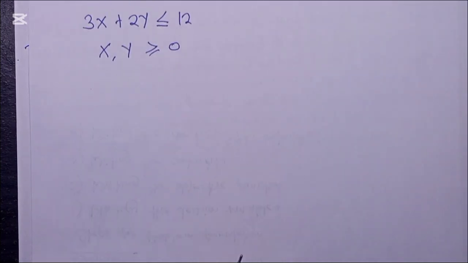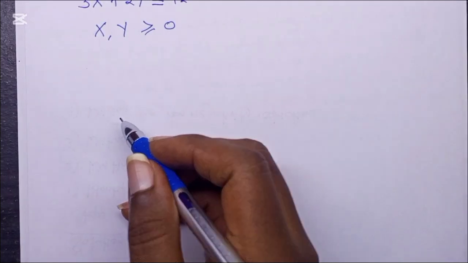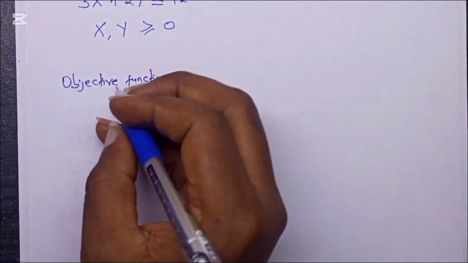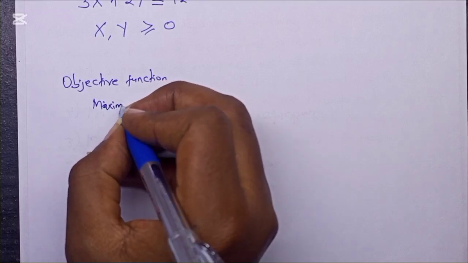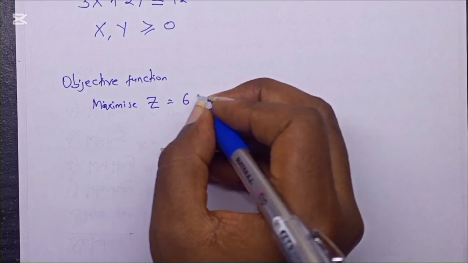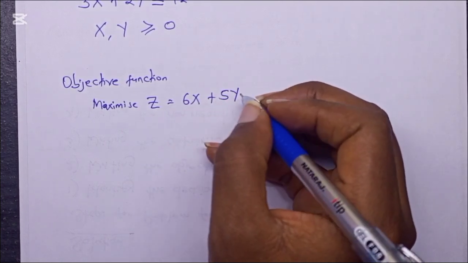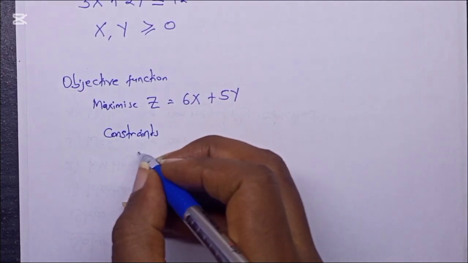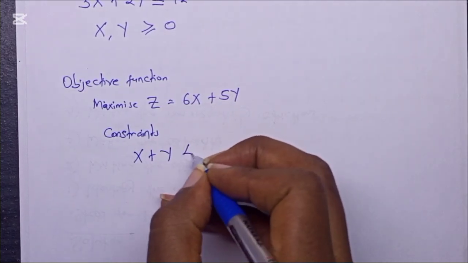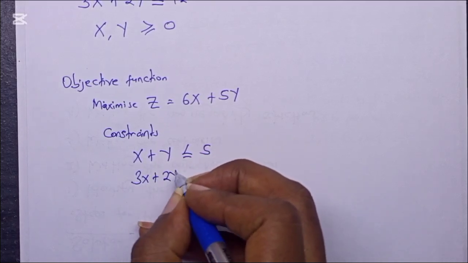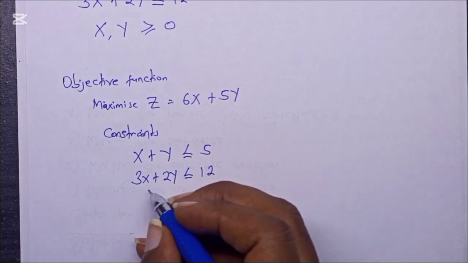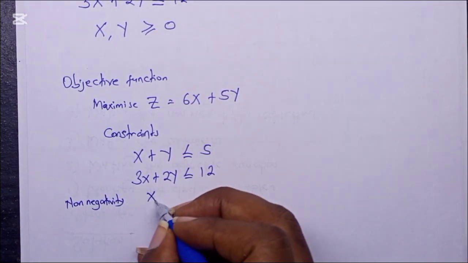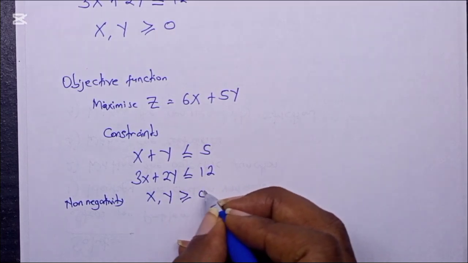So now, in summary, we have the objective function: maximize z equals 6x plus 5y, and the constraints are x plus y less than or equal to 5, 3x plus 2y less than or equal to 12, and also we state the non-negativity condition, which is x, y greater than or equal to 0.